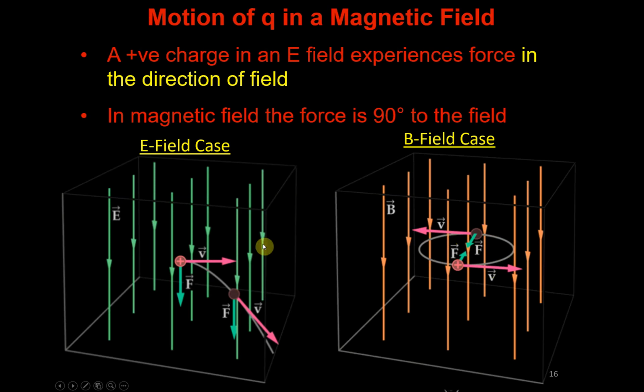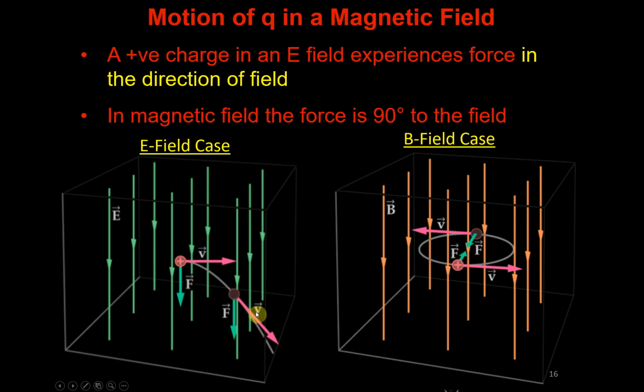Now, in the electrical case here, if our velocity is this way and our electrical field is this way, then a force will be introduced which will act on that velocity. But instead of forcing it into a circle, it will force our particle to move in an arc.